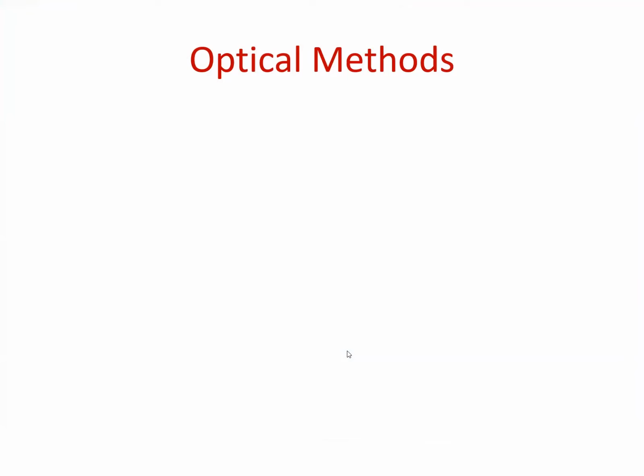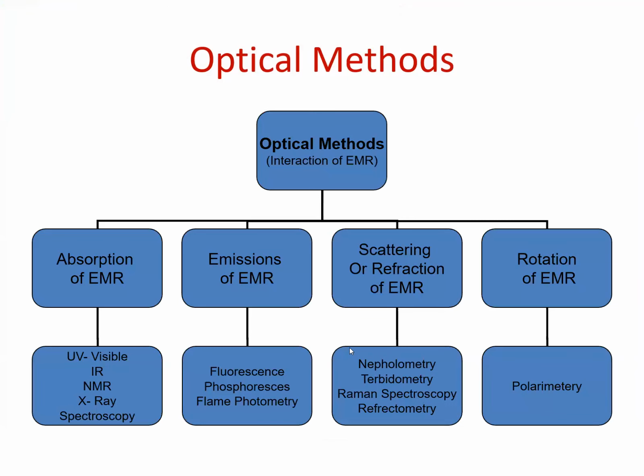What are the optical methods then? Optical methods can be divided into various types, but the bottom line is in optical methods, we make use of the interaction of the electromagnetic radiation. And this electromagnetic radiation can be absorbed, hence absorption.